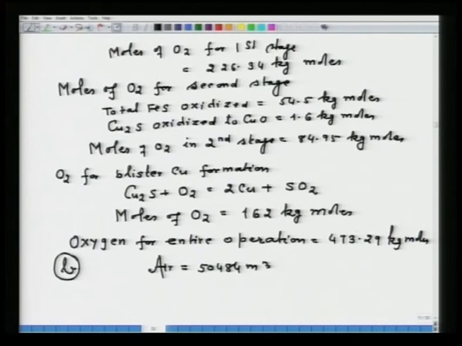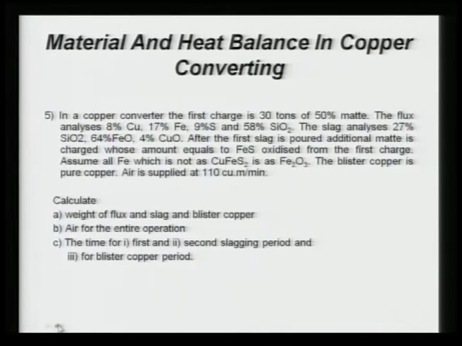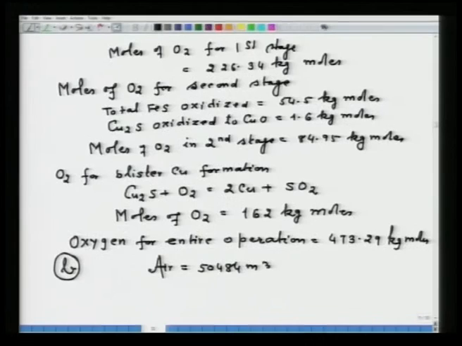Now, part C wants the time for the first and second slagging periods and the time for the blister copper formation stage. We know the amount of air, and from the amount of air we can find out the time for the respective stages.